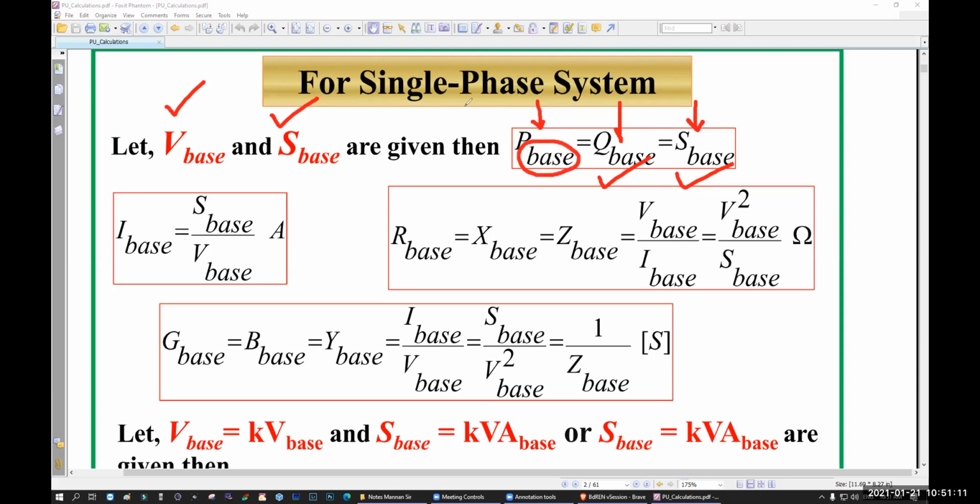Now, what will be your I base? I base will be S base divided by V base. The value will be ampere. Why is that? Because the voltage cancels. Look at this. What is the unit of S? I told you MVA, right?